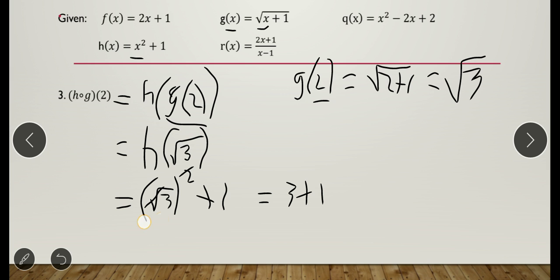Why are we going to cancel the square root and the 2? It's because square root of 3 can be written as the exponential figure 3 raised to the power of 1/2. And 1/2 times 2 is actually 1. So that's 3 to the 1, or in short, 3. So this is now equal to 4. This is now your composite value.